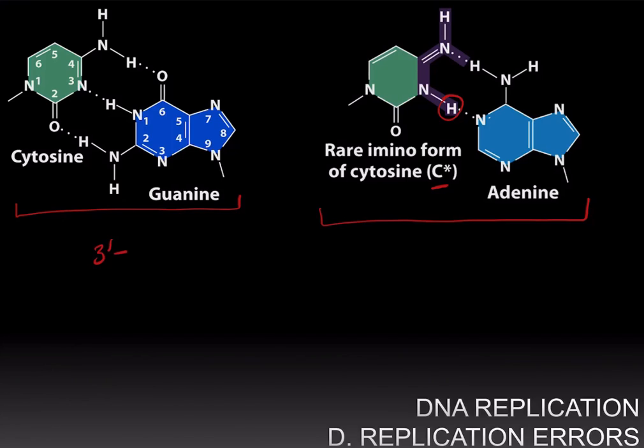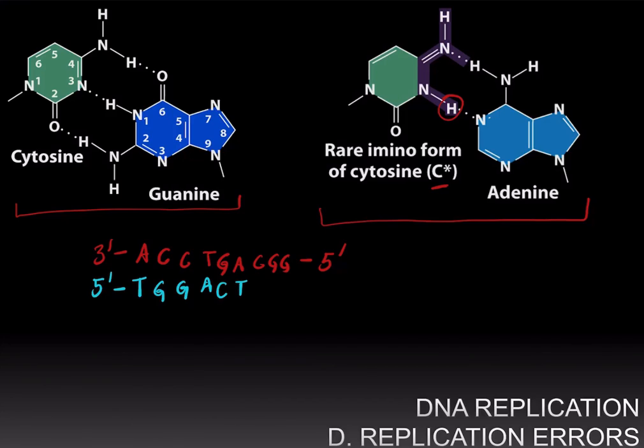For example, let's say our template strand is ACCTGACGG from the 3' to the 5' direction. So when we synthesize the daughter strand in the 5' to 3' direction, we will get TGGAC, and normally one would get T here.